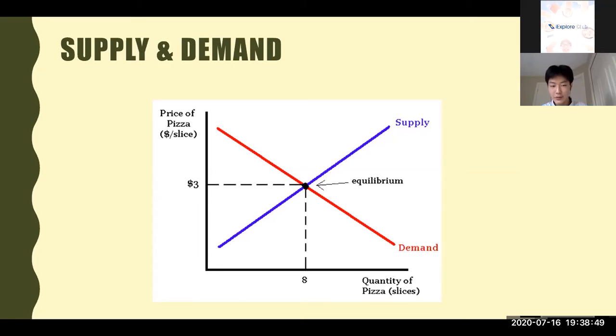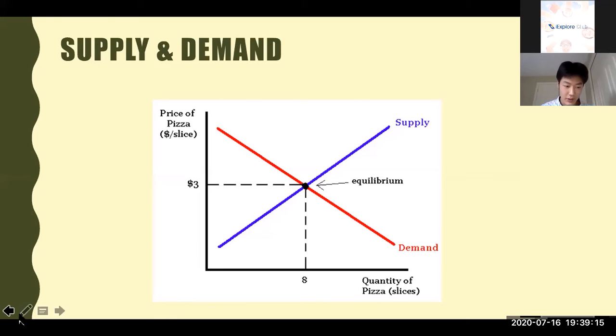And at this equilibrium, in this case, the price is $3. And at this price, the supply side of this trade can provide 8 pizzas. Now, the reason he wouldn't provide more or fewer pizzas is because when he provides more pizza, the price begins to fall.